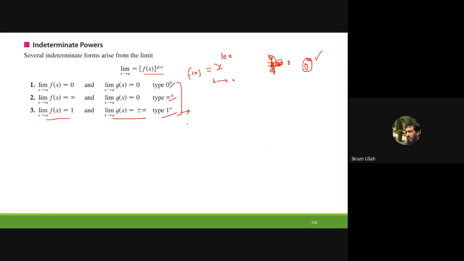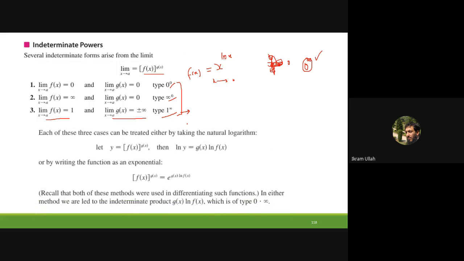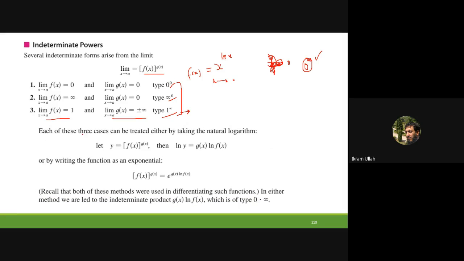To handle these types of indeterminate forms, each of these 3 cases can be treated either by taking the natural logarithm, because of the property of the natural logarithm that the exponent comes down to multiply the log of the base, or by writing the function as a product using the property of the natural log.